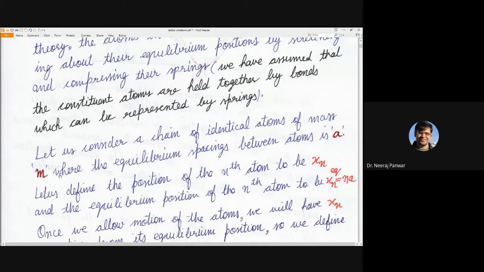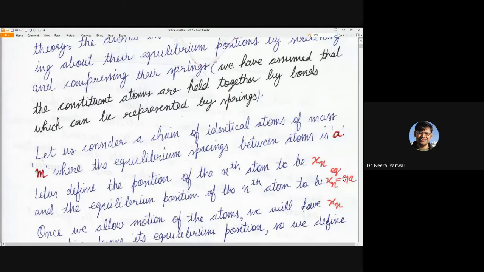So we can define the position of any atom. For example, if we define the position of the nth atom, we denote it by x, and in the subscript we have the number designated to the atom. So x_n is any instantaneous position of the nth atom while it is vibrating around its equilibrium position, and its equilibrium position is denoted by x_n equilibrium, which is equal to na.